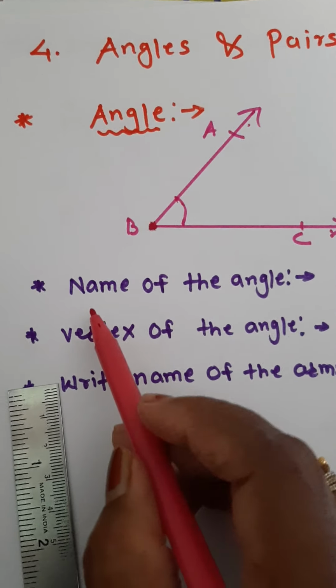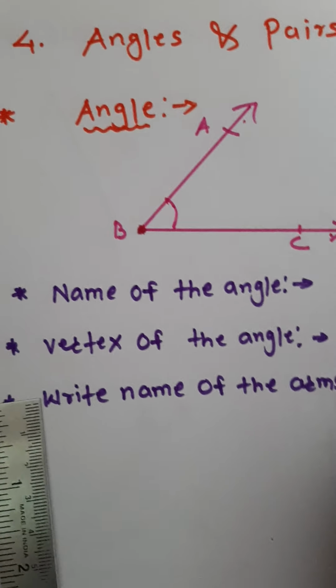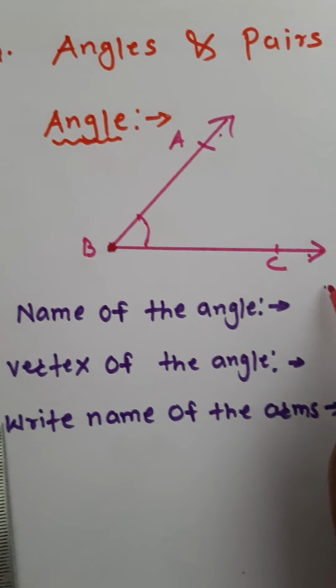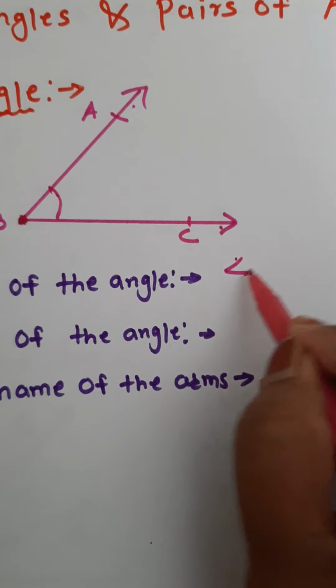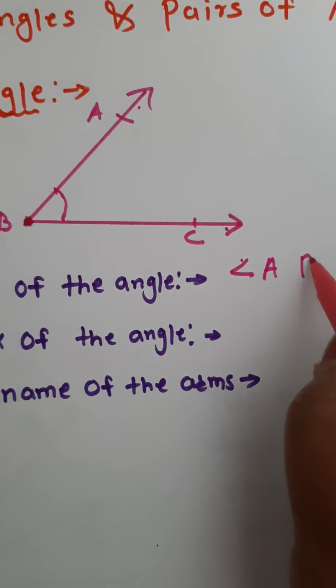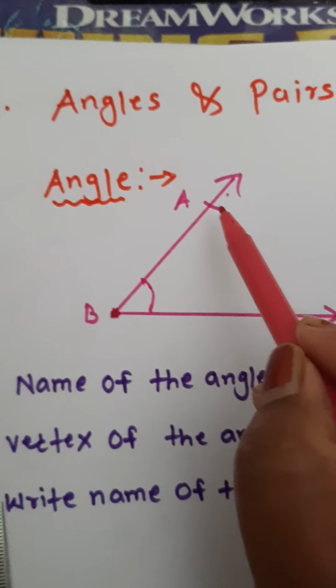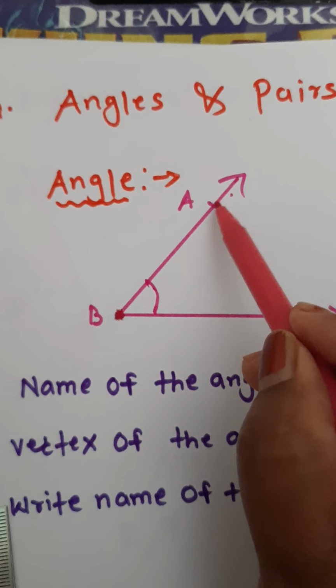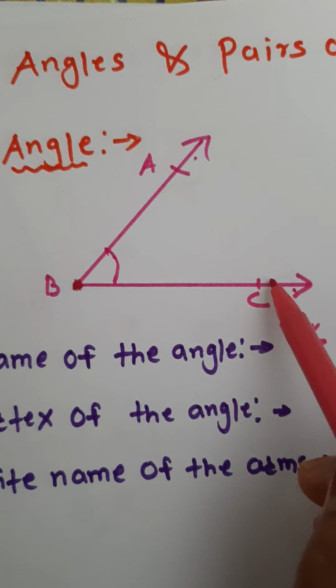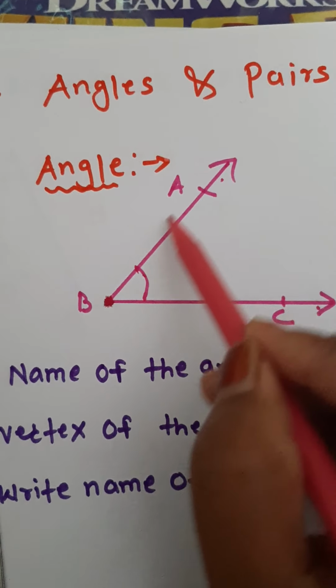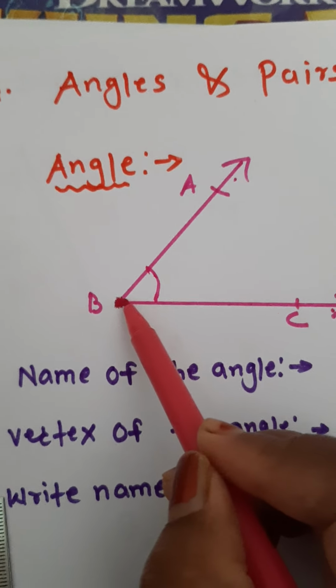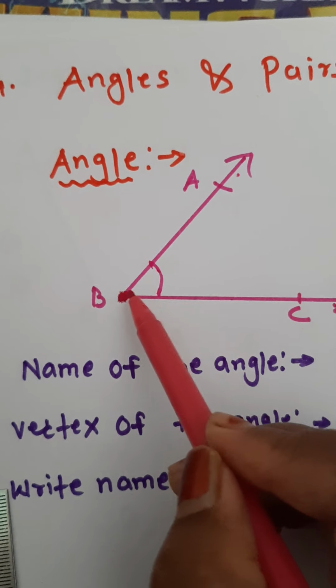So what is the name of the angle? Angle ABC. You can read the angle in three different ways. You read like this, angle ABC or angle CBA or angle B where the angle is formed.